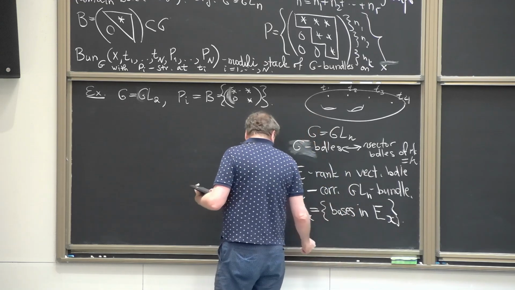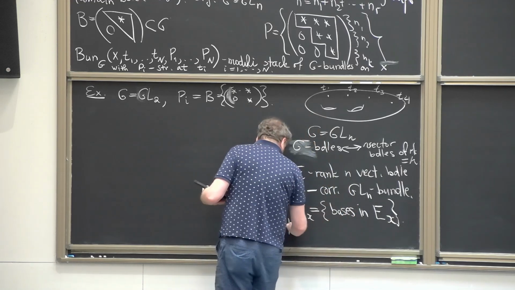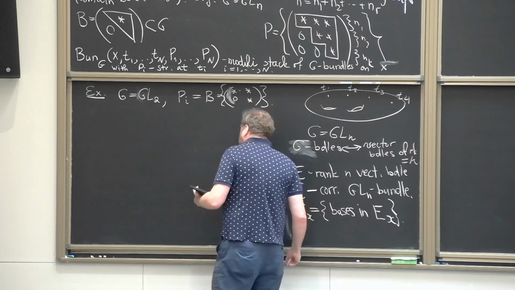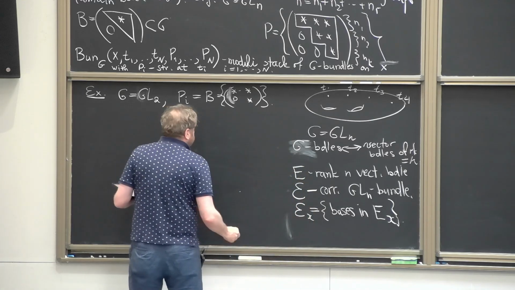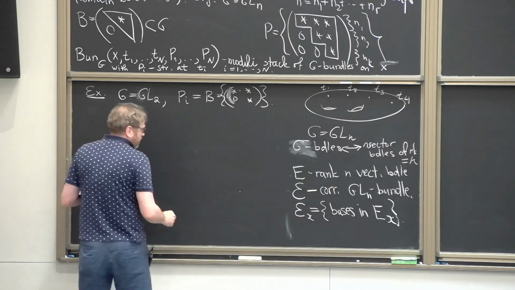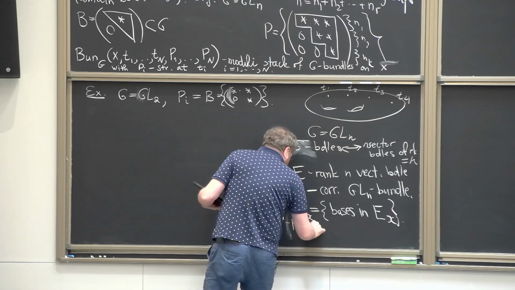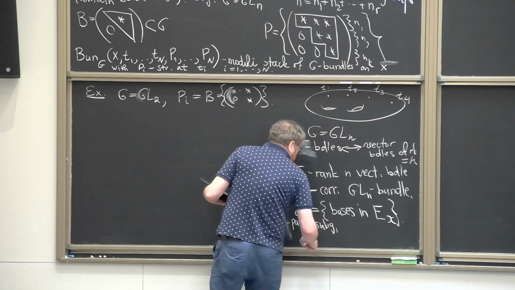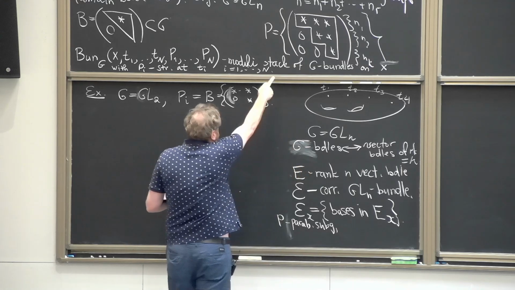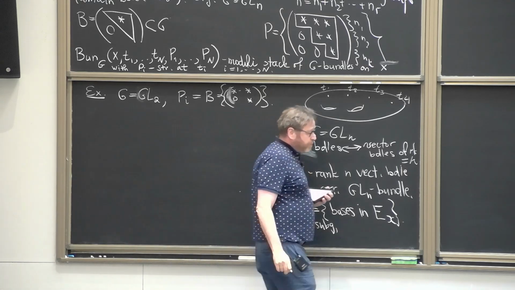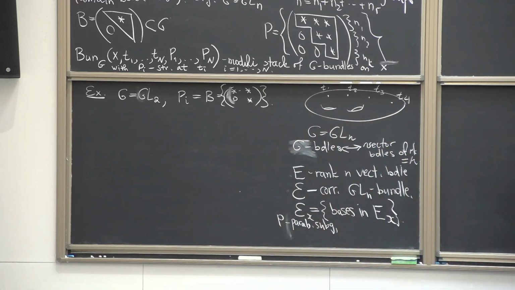In particular, if P is a parabolic subgroup, then what is a parabolic subgroup? Like I said, it is a subgroup of this form, so it preserves a partial flag.